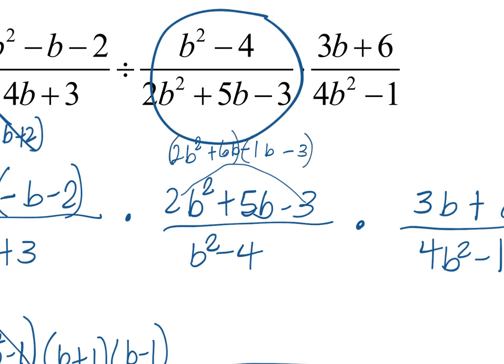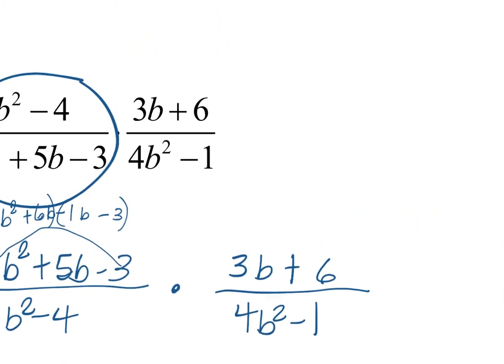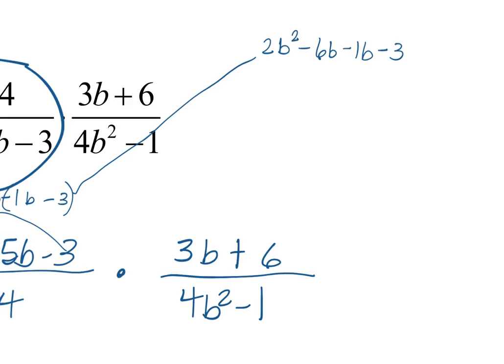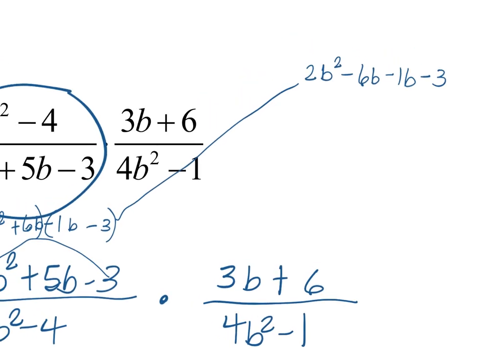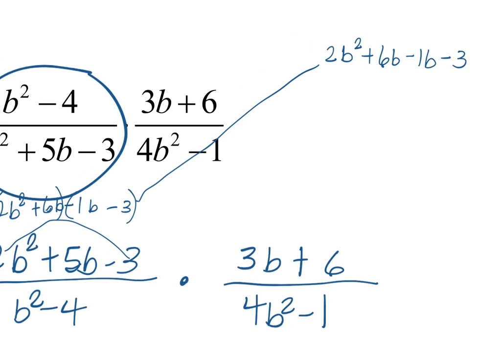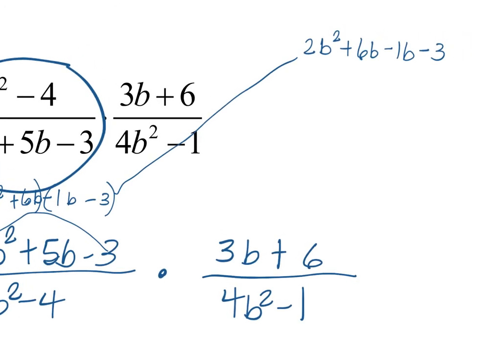Okay, and let me just come off to the side and do that. So again, I'm sorry, it's a positive 6 and a negative 1, because the positive 6 and negative 1, they would add to give me that positive 5b that was originally in the middle.